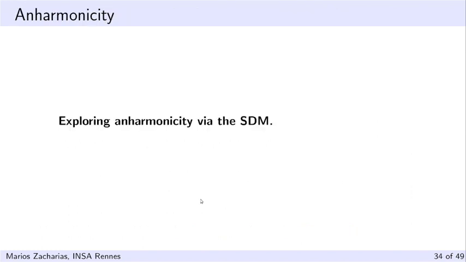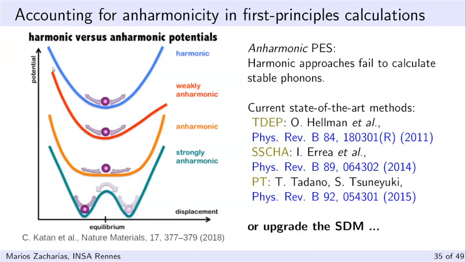So now how can we explore anharmonicity using the special displacement method? If we have a harmonic potential energy surface, then what I have described so far is actually valid. But if we go for an anharmonic case or a strongly anharmonic case, the special displacement method will collapse.